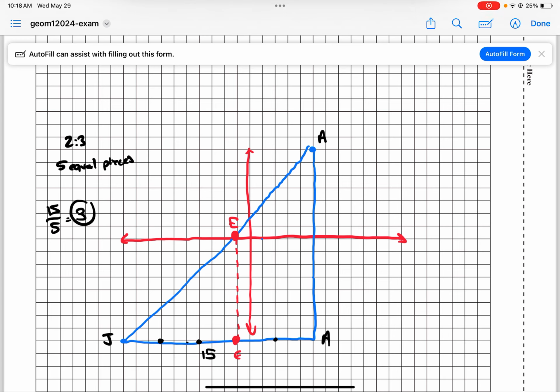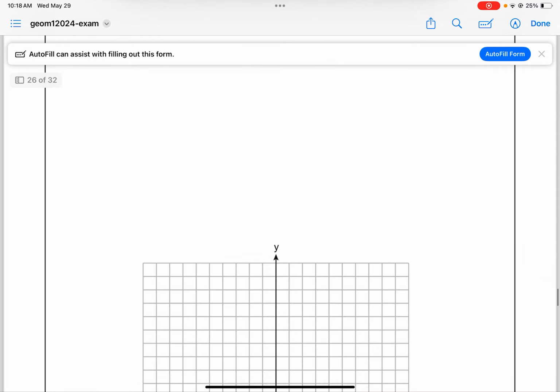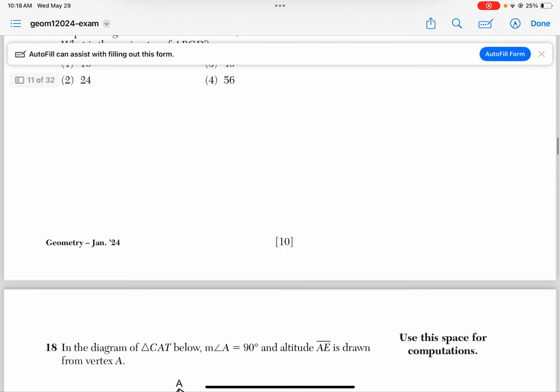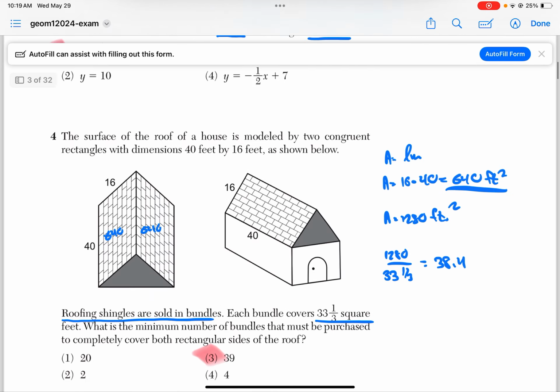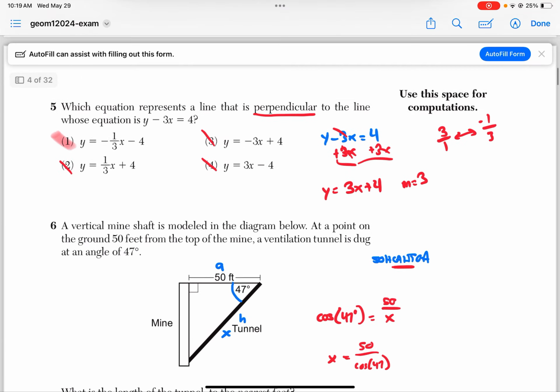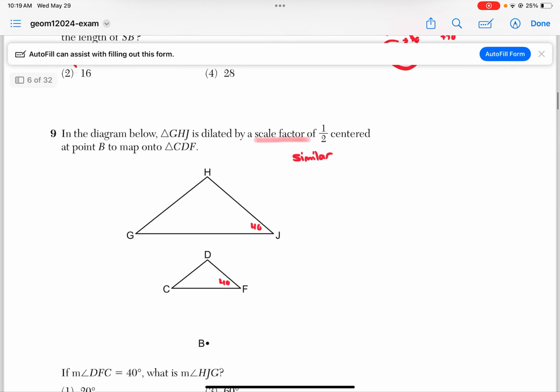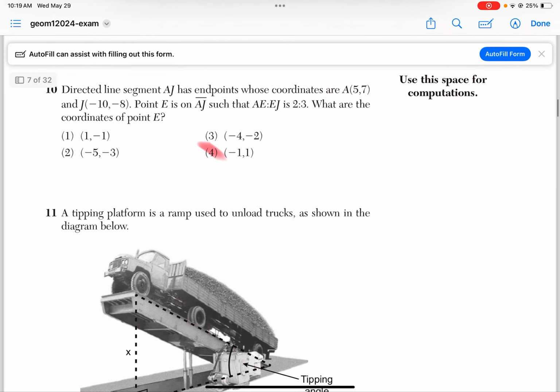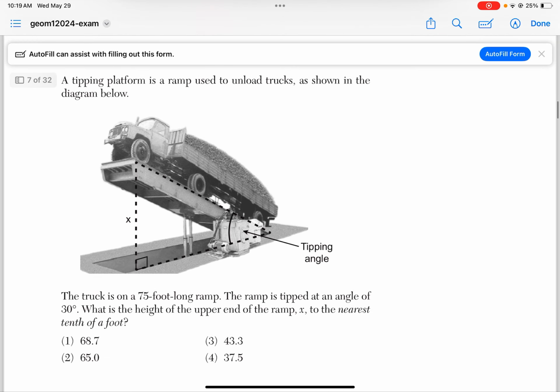Oh, I think it might be because I didn't use a straight edge to draw it, so my line is probably a little wonky. You would have a straight edge and you'd be able to plot it perfectly, so it would line up pretty much at -1, 1. So let's go back to that. Yeah, that's the only one that makes sense in that context.